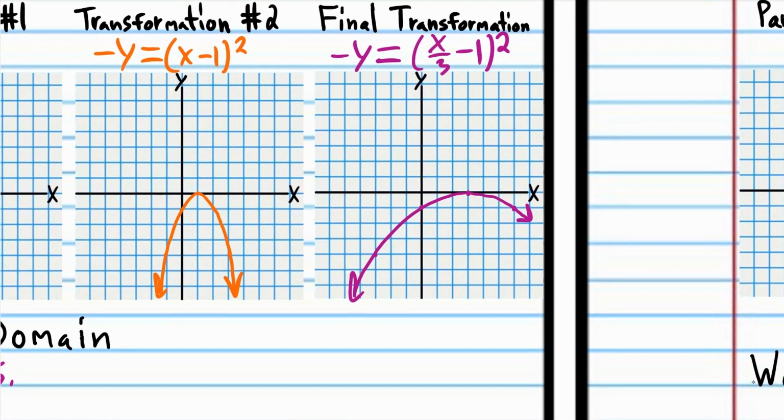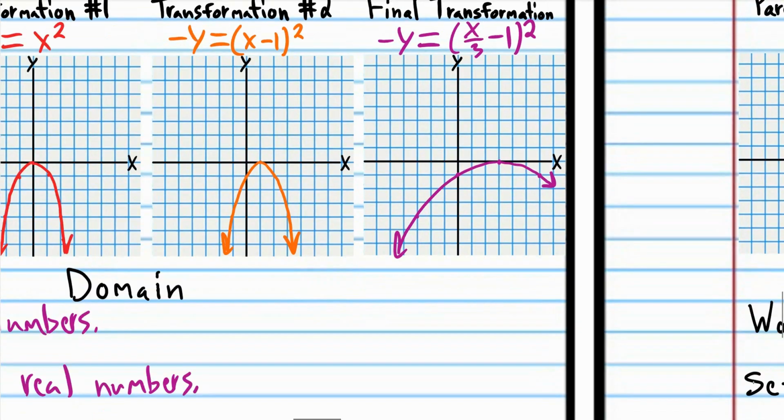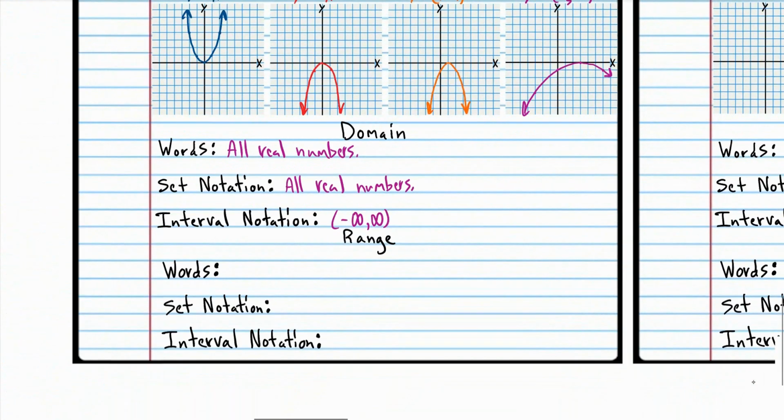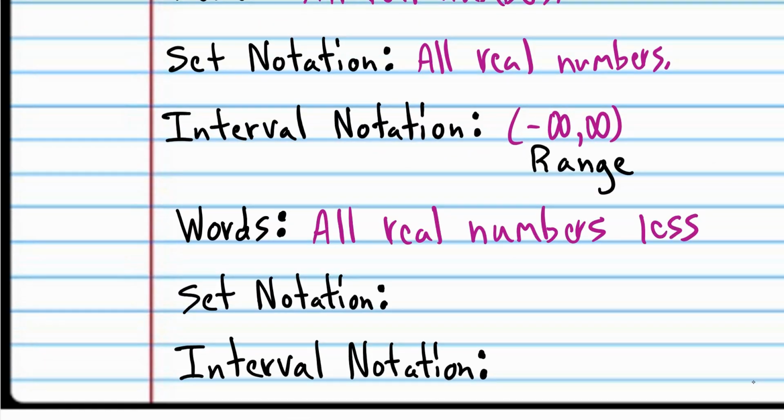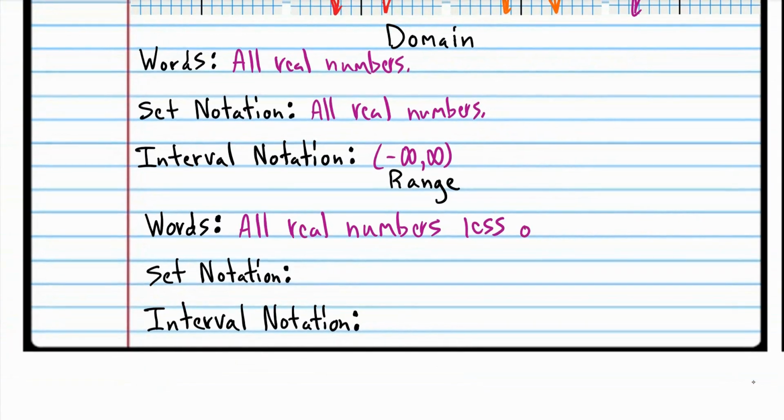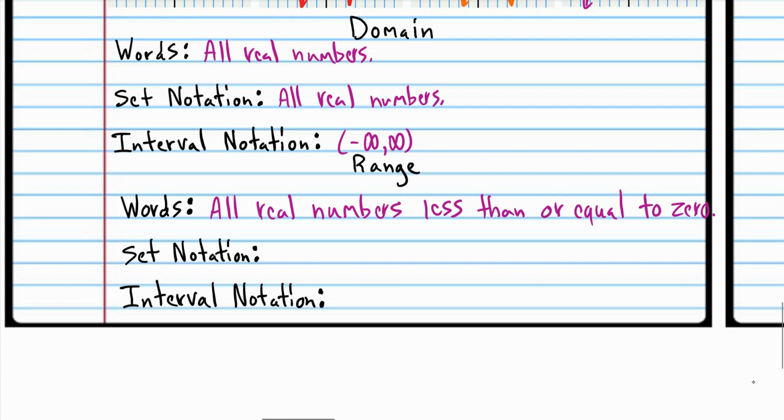And the range, we can see, is restricted because there's no points up here. The biggest y value is the y value of this point here, which is 0, and all other y values of the points are less than 0. So the range is all real numbers less than or equal to 0, because 0 is in the range.